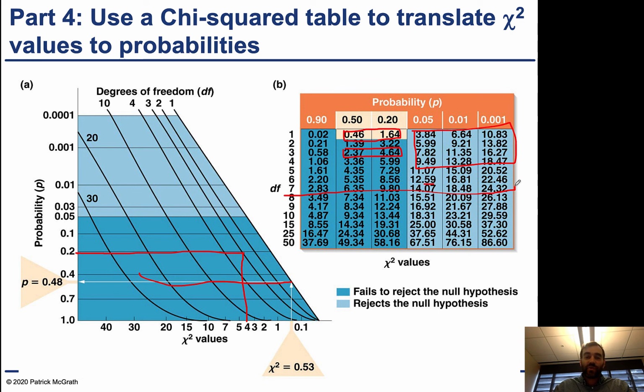There are situations where independent assortment does not hold true, and we see a distortion in the ratios that come out. So the chi-squared distribution, I know it's hard, I know it's kind of unintuitive, especially the first time you do it, but it's important that you really understand this. Please make sure that you go through this a couple times if it's still unclear.